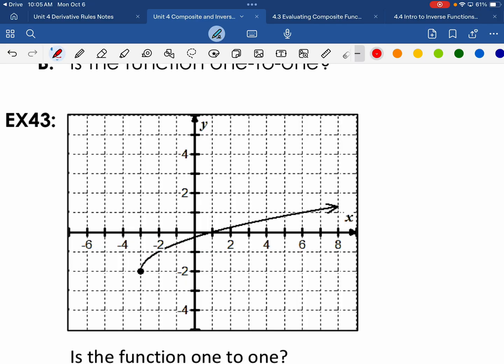Some people are good visually, and sketching the diagonal line might be helpful. I don't know why it's so blurry, but all right, so the diagonal line, which is going to go through the origin, with a slope of 1.